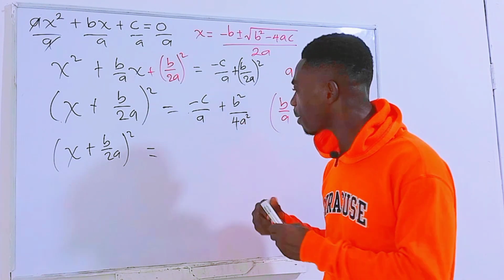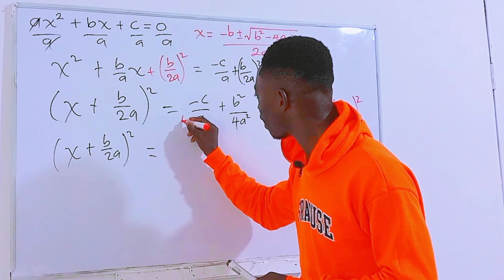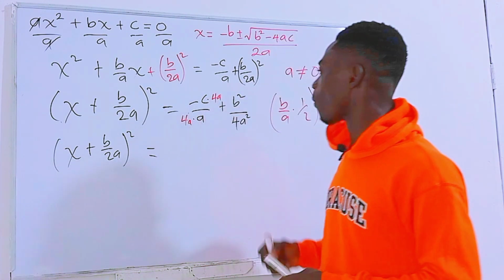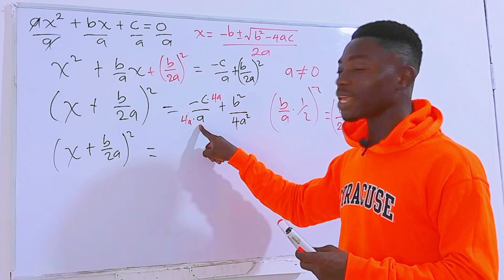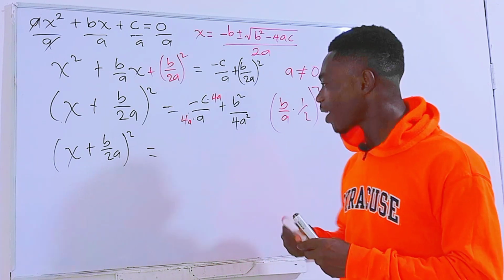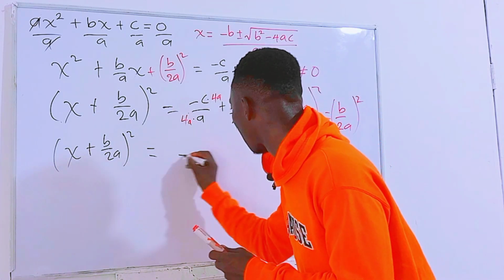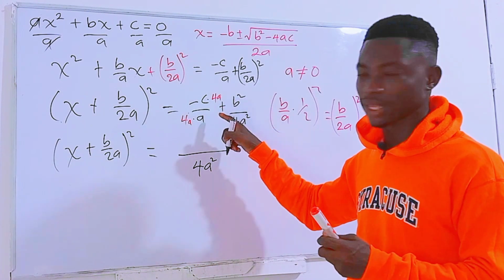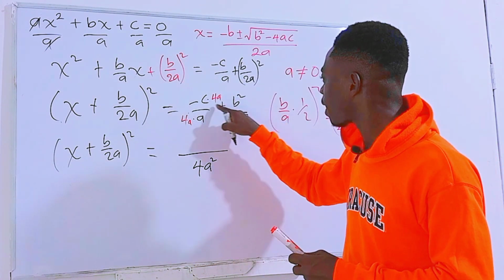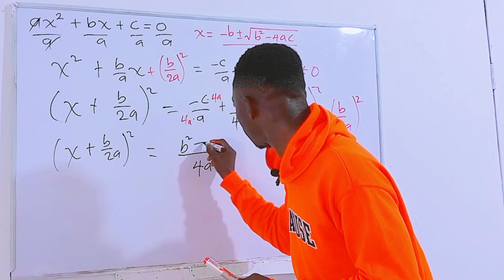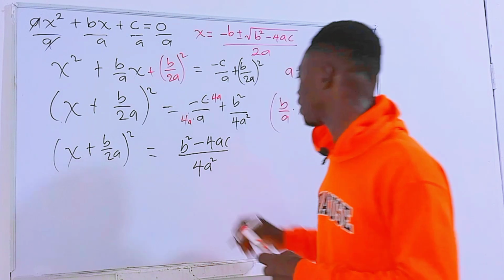We can make them the same by multiplying this denominator right here by 4a and then multiplying this one also by 4a. 4a times a is 4a squared, and here we also have 4a squared. Now that they are the same, I'm going to write one of them as the LCM, then combine their numerators. And here we have b squared minus 4ac. I'm going to write the b squared first. B squared minus 4ac, just like that.